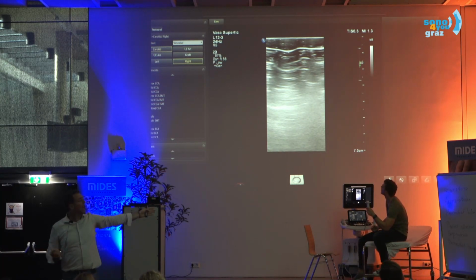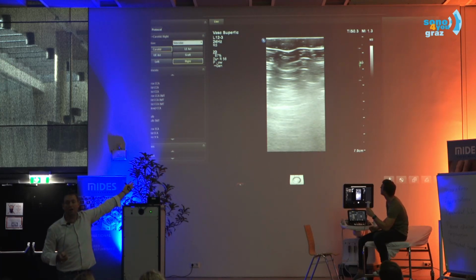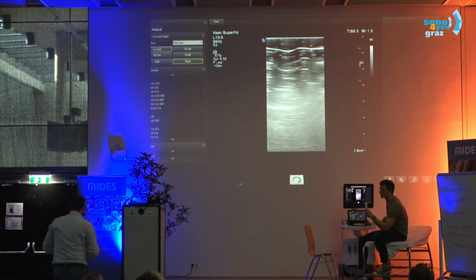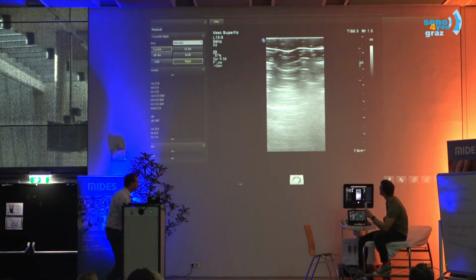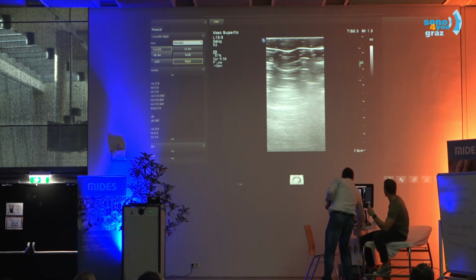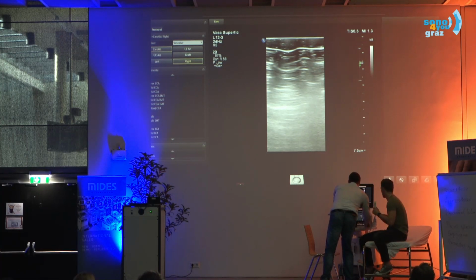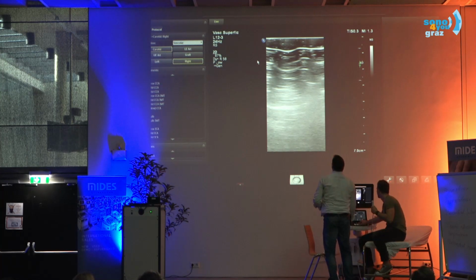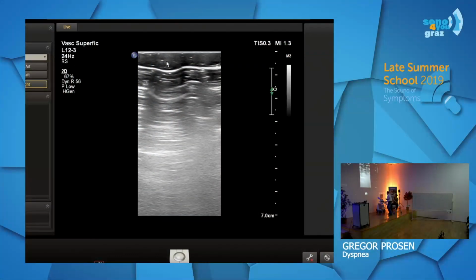Air, agree? How does air look on the ultrasound image? It's just a harmonics of horizontal lines. You agree? The first one up here, only this. Okay, so only this.